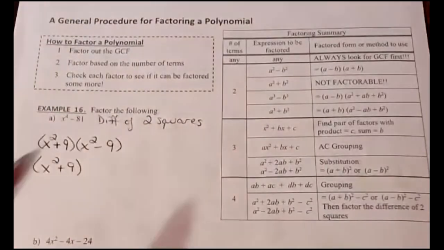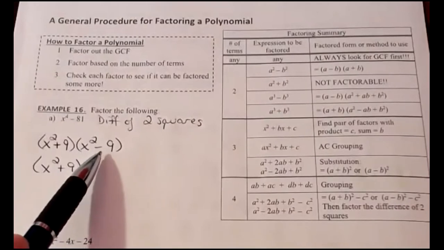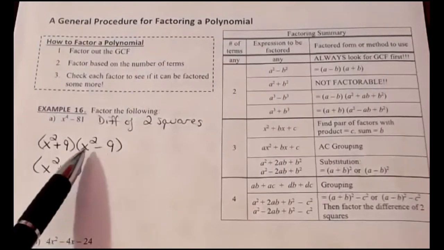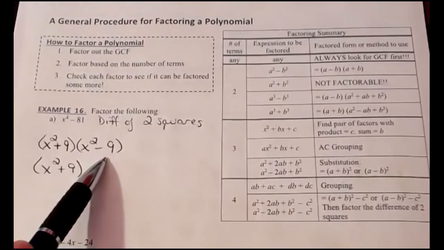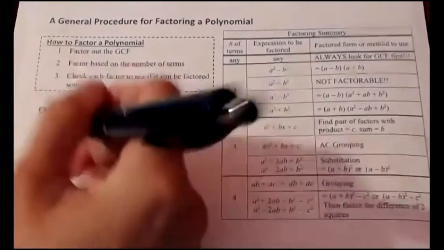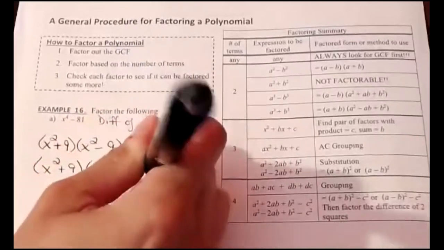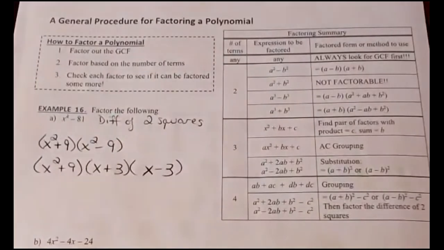But then I'm going to look at x squared minus 9, and I'm going to notice, wait a second, this is again the difference of two squares, because x times x gives you x squared, and we know that 3 times 3 gives you 9. These are perfect squares. So we're going to break that down as x plus 3, x minus 3. And then we're going to call it a day, because that is the complete factored form for x to the fourth minus 81.